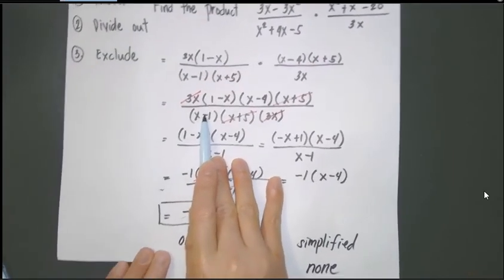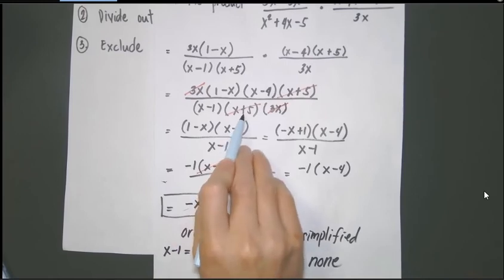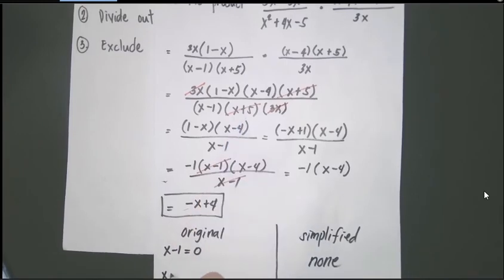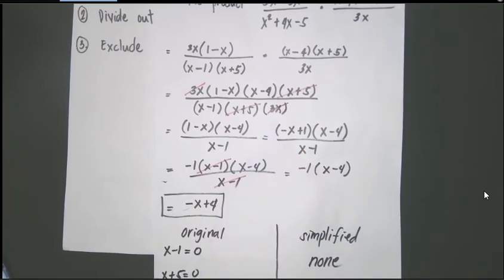To find the excluded value in x minus 1, you would equate that to 0. Same thing with x plus 5, equated to 0. Same thing with 3x, equate that to 0.